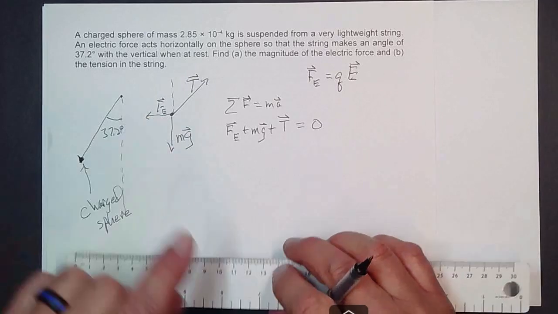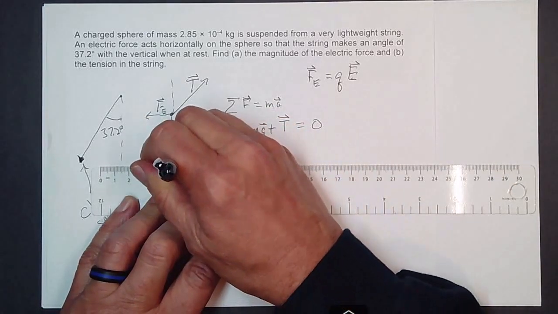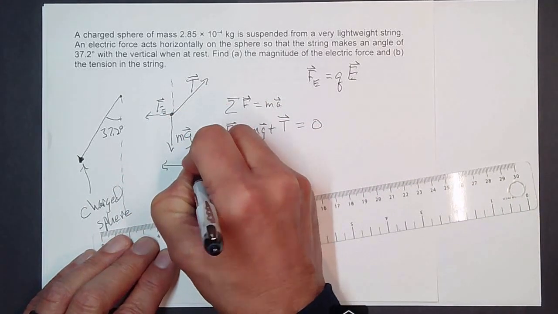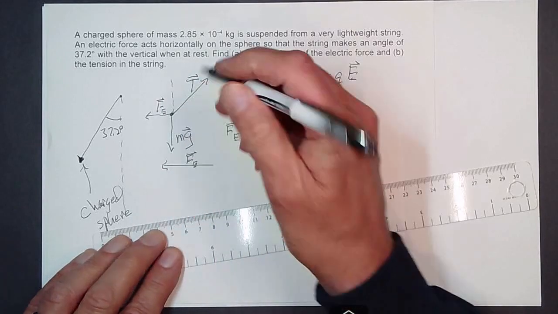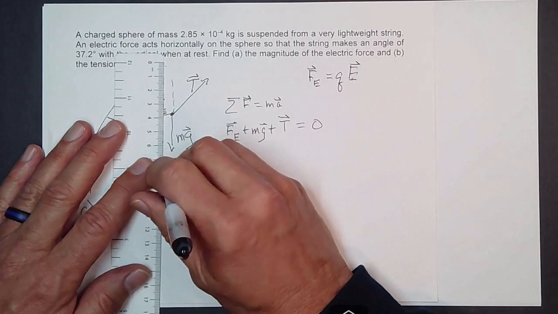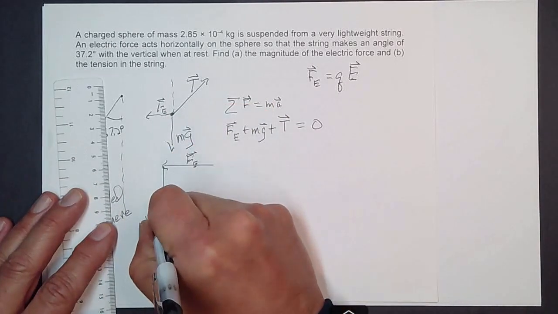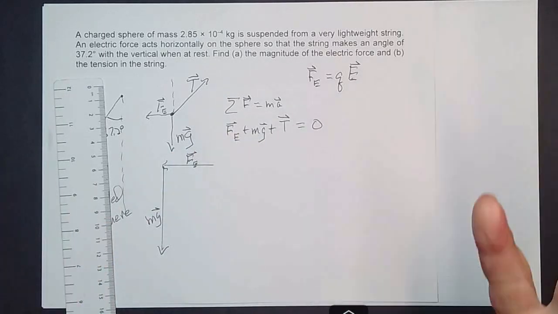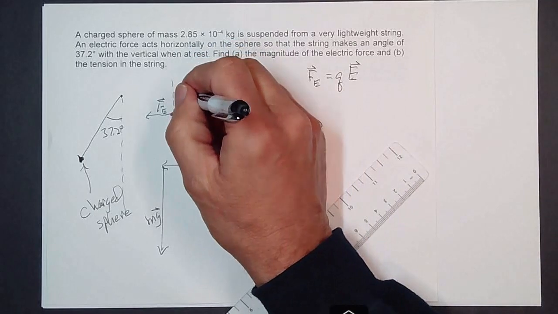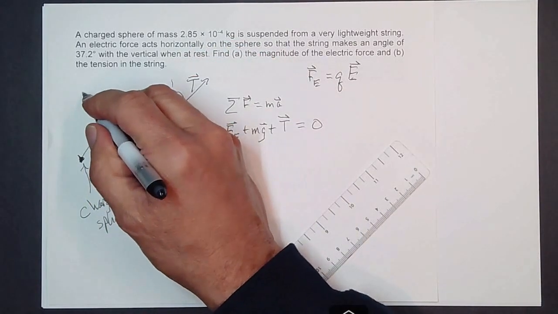F sub E is horizontal to the left, so there's F sub E. Mg is straight down. And I'm not worried about scale or anything like that. I just happen to know this thing makes that 37.2 degree angle with the vertical.